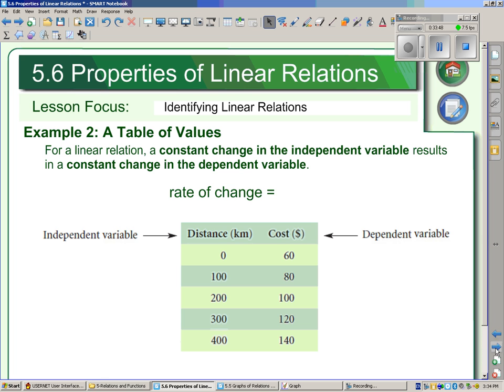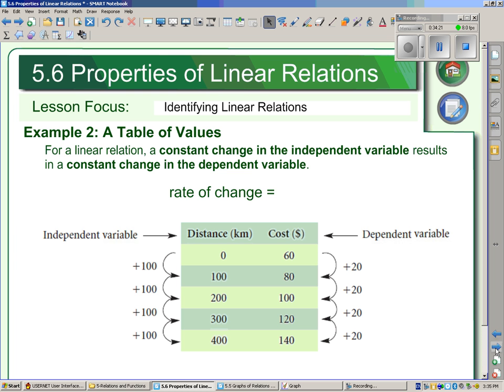Looking at the same thing with the table of values for a linear relation, a constant change in the independent variable results in a constant change in the dependent variable. So we're looking at, do I have that? Do the values in the independent variable go up, everyone, by the same amount? Or down by the same amount? So here the difference between them is consistently 100. Well then, in my dependent, I better have a consistent growth or consistent decline as well.